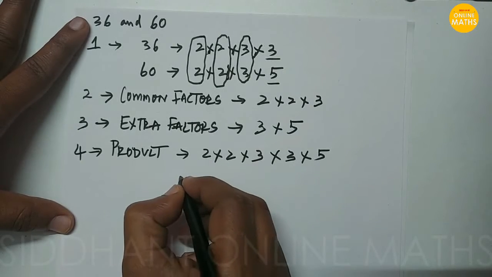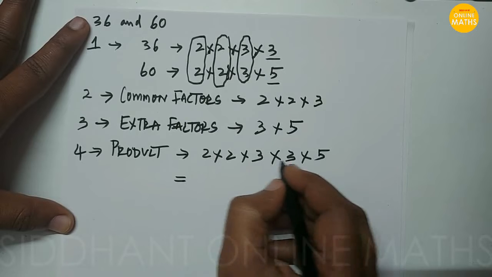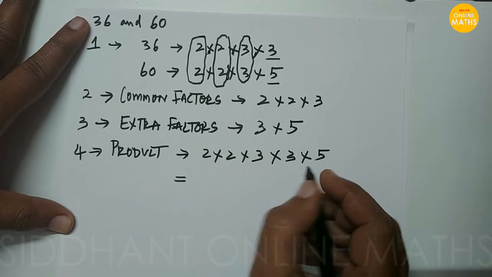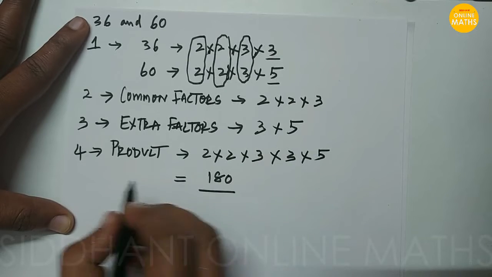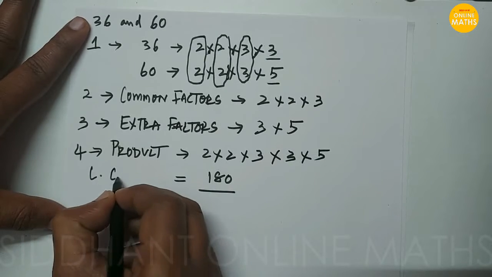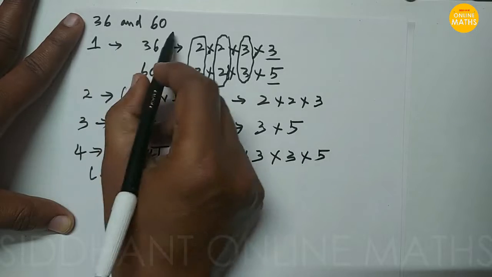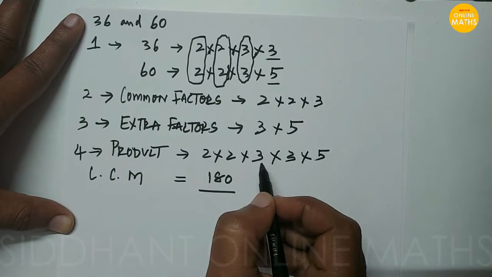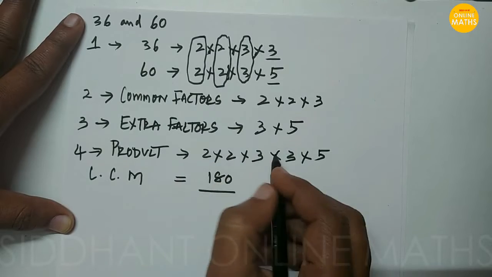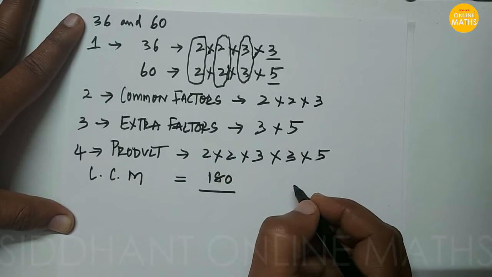When you take the product of these numbers, you get 180. So we can say that the LCM of 36 and 60 is 180. This is the way we find the LCM of the given numbers by the prime factorization method.